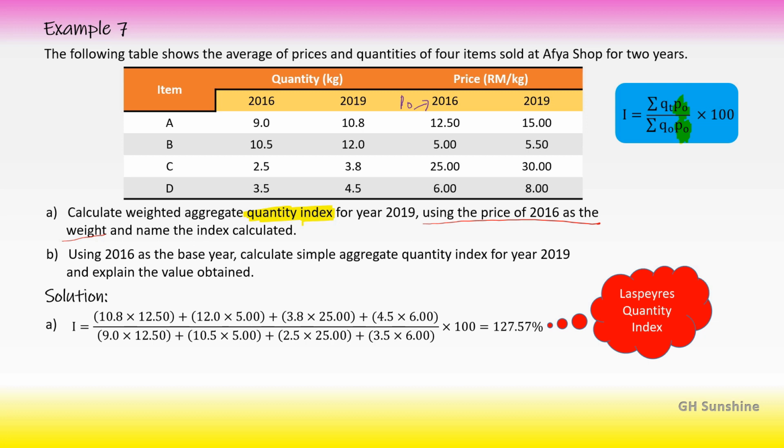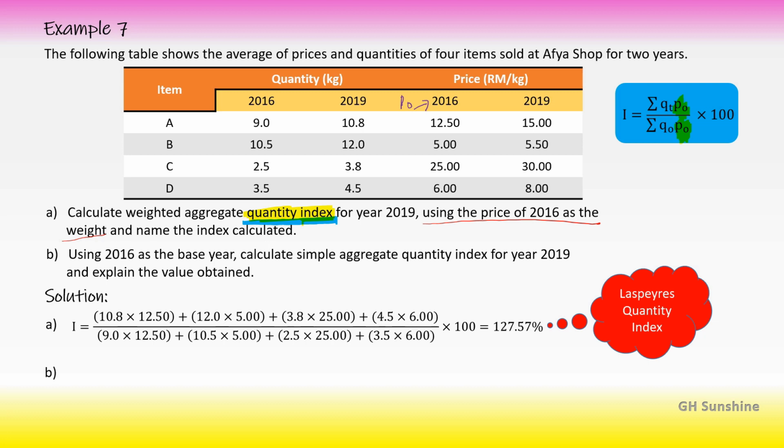So the answer is Laspeyres quantity index. Why quantity index? Because of this word, quantity index. Then why Laspeyres? Because you use the price of base year as the weight. That's why the index calculated is Laspeyres quantity index.